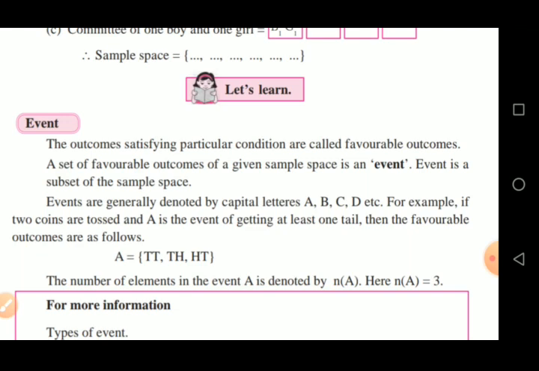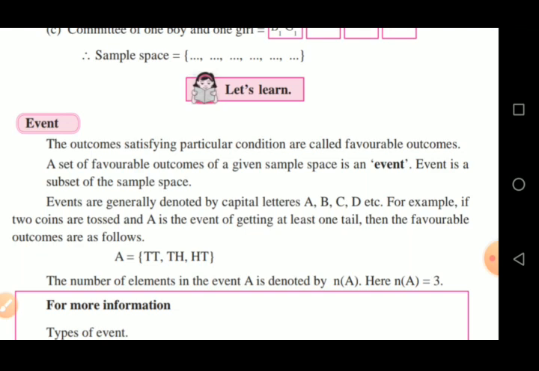Example, if two coins are tossed, this is the name of the random experiment. If two coins are tossed, we know the sample space of that. The sample space is S = {HH, HT, TH, TT}.